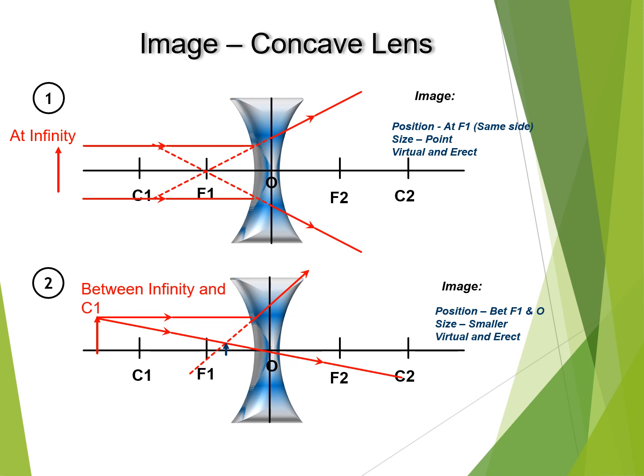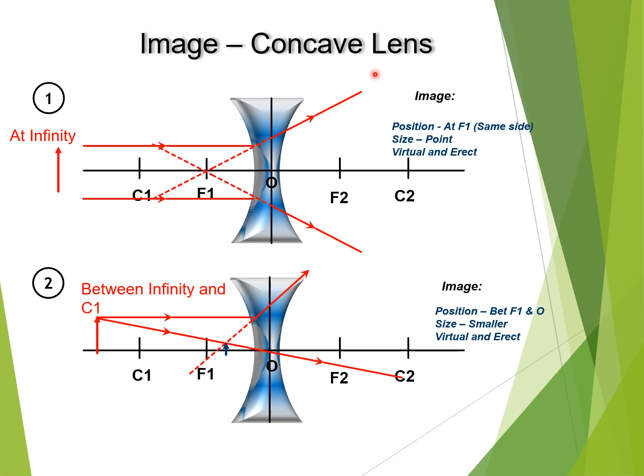Now we come to concave lens. There can be only 2 positions, one at infinity and another between infinity and optical center. So when the object is at infinity, the incident rays shall be parallel to the principal axis. And we have studied that if the rays are parallel to the principal axis, then it will get diverged.